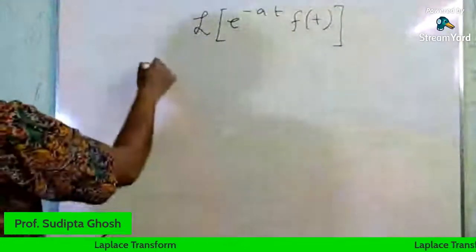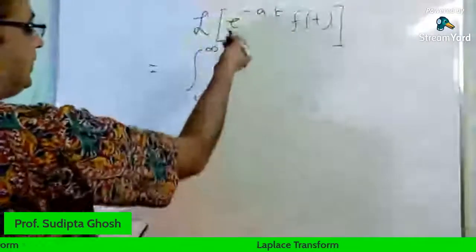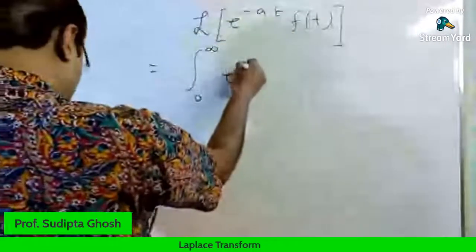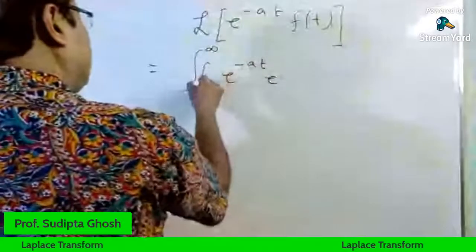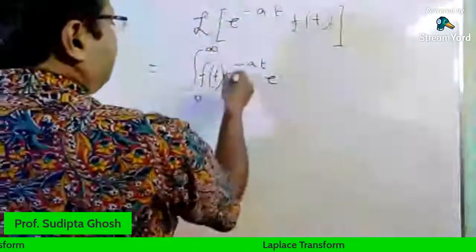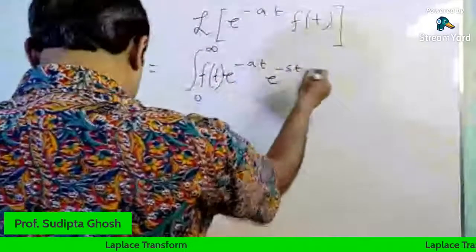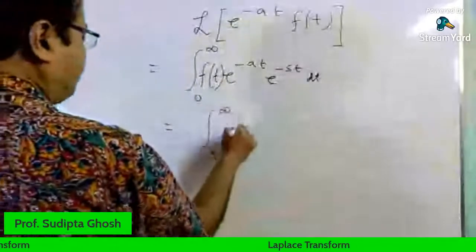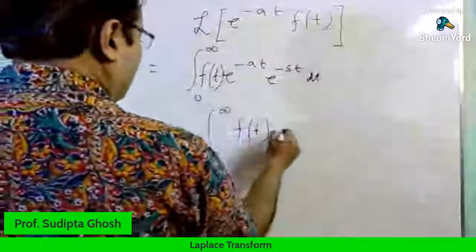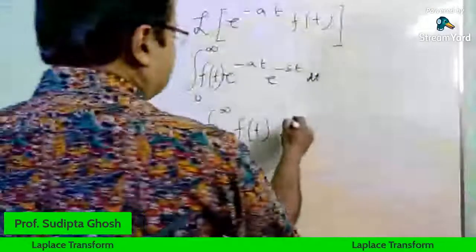Now, the first step is similar: integral 0 to infinity, f of t, e to the power minus at, e to the power minus st dt. And as I have told you earlier, you have to give s the priority.